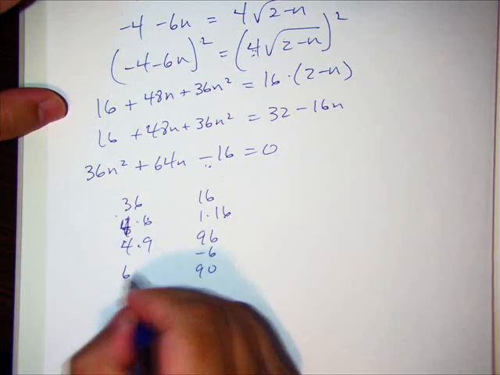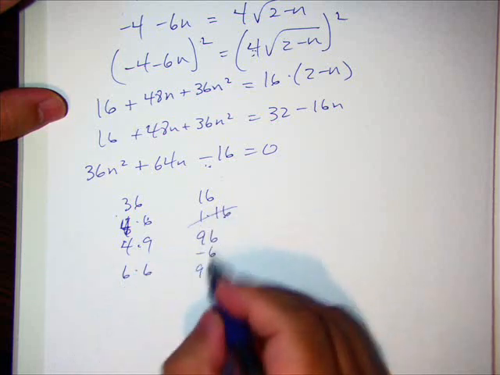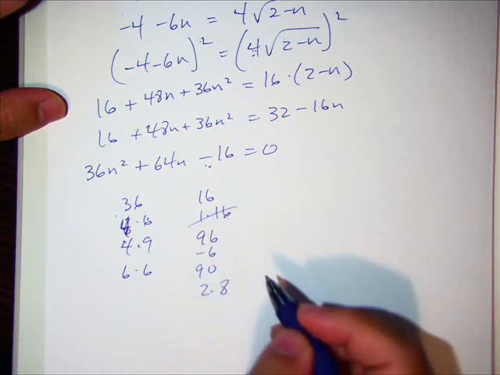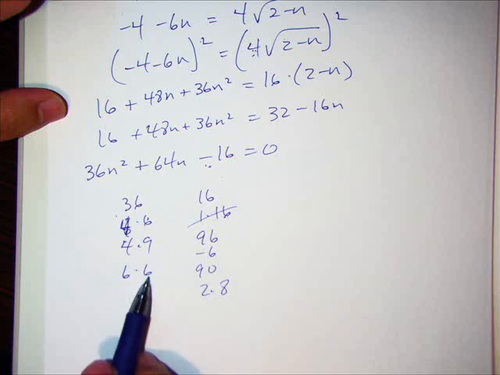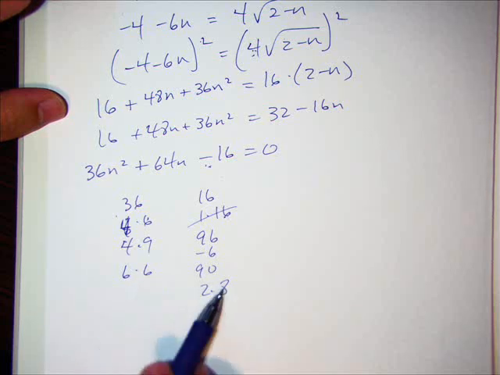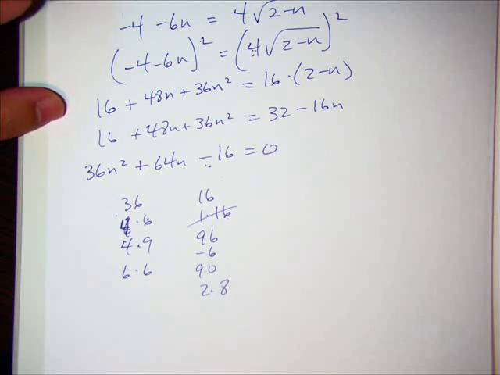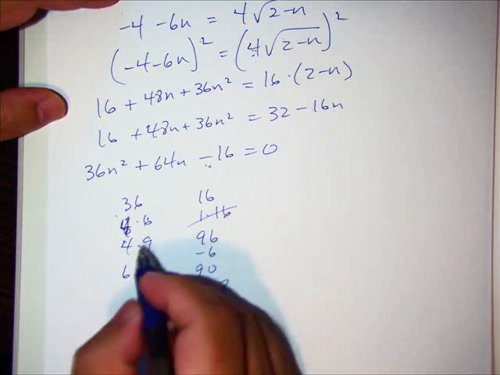Maybe we'll go back to 6 and 6 and change that to 2 and 8. Still not going to work. 6 times 8 is 48 and 12. Dagnabbit. Oh, I see something. Okay.